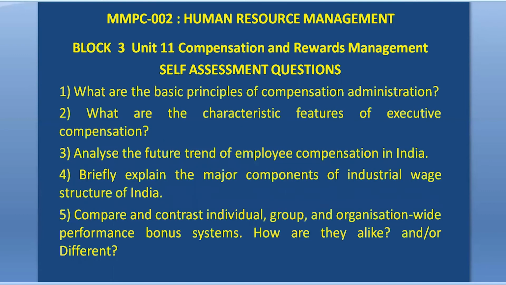Unit 11 in Block 3 is compensation and privilege management. What are the basic principles of compensation administration? What are the characteristic features of executive compensation? Analyze the future trend of employee compensation in India. Briefly explain the major components of the industrial wage structure of India.